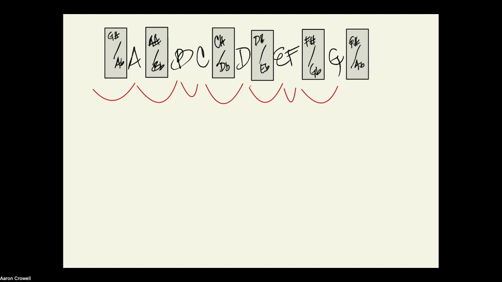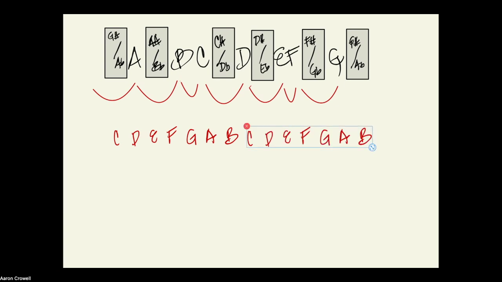Whole, half, whole, half. Gives me the letters C, D, E, F, G, A, B, and then it just repeats, right? So if I got this and I just tied these together and just repeat, we can see how this works.